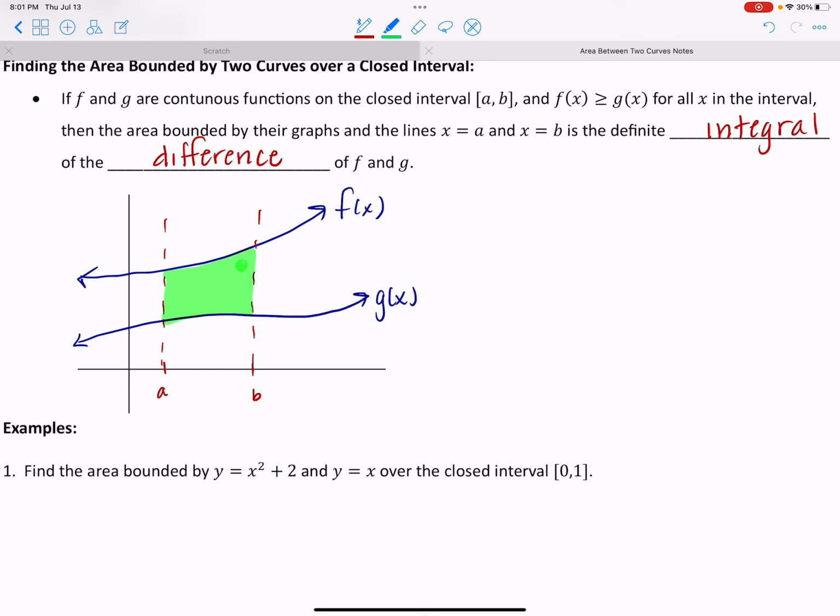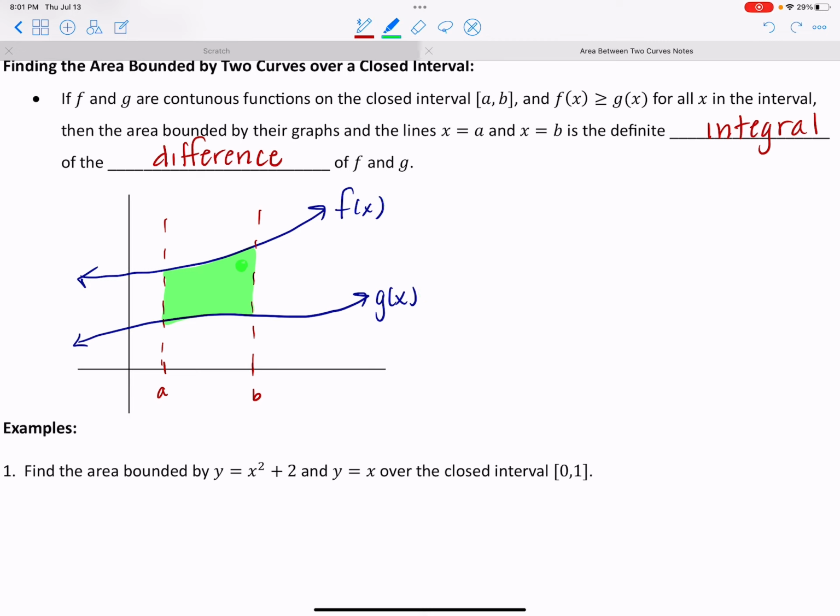Now, the rule here is that we're evaluating a definite integral just like we did before, but the integral will be of the upper bound minus the lower bound. That is the higher function, the greater function, minus the lower function.